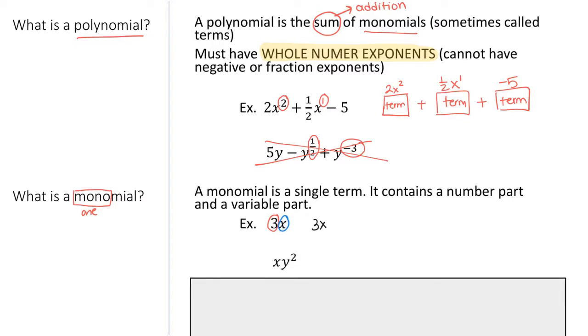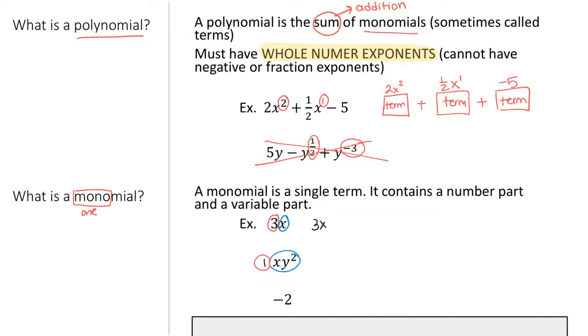Here's another monomial. It has a number part and a variable part. Now what will look a little bit different is the variable part actually has 2 variables in it, and the number part isn't written. But remember, if it's not written and it's in front, it means it's multiplying by 1. Last example here, which is the one that people always forget about, is negative 2, which is also known as a monomial.